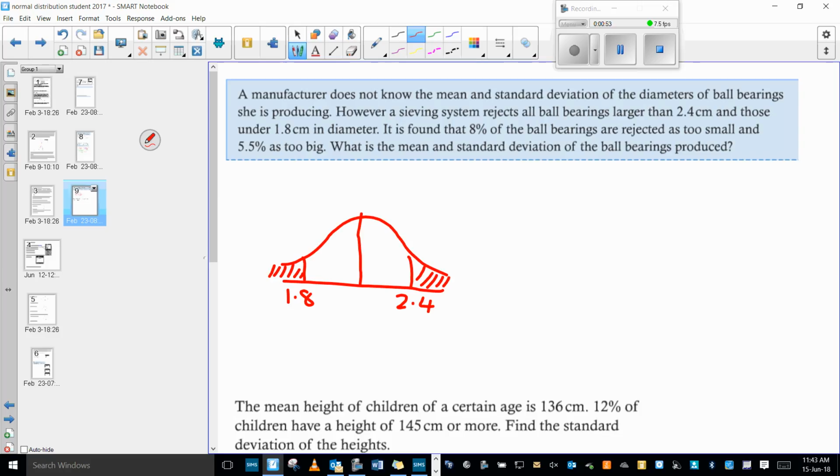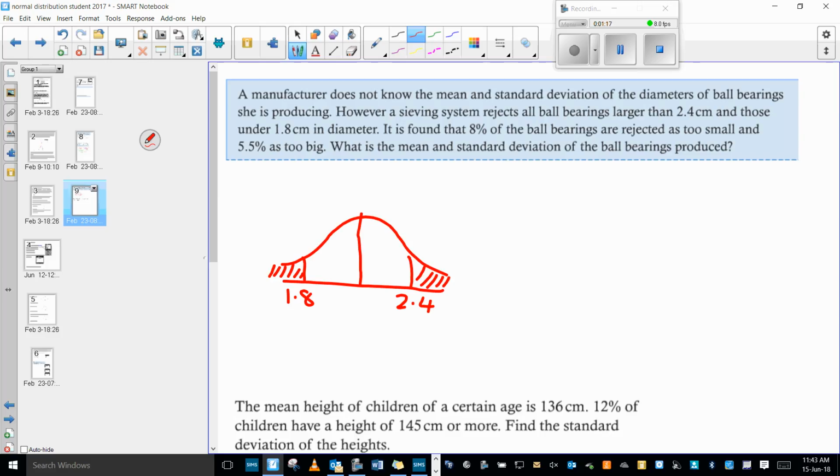No, because if it's larger than 2.4, 5.5% are rejected for being too big. The probabilities they've told us about are the bits that are rejected, so I've shaded those sides. Sorry, I should have made that clear.